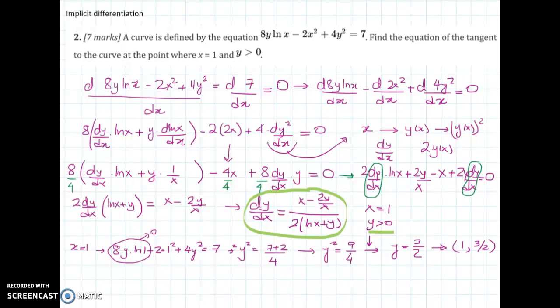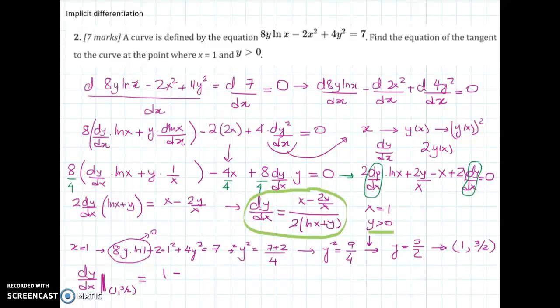So let's go and see what happens with dy/dx when we evaluate this expression at (1, 3/2). This line I wrote over here, that's the notation for evaluated at this point. So what do we get here?